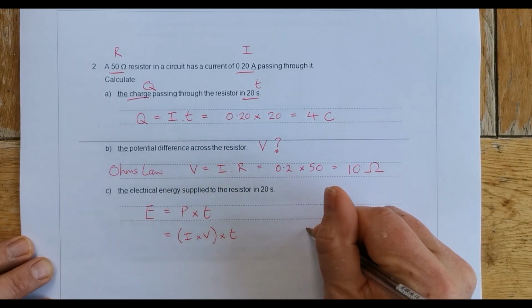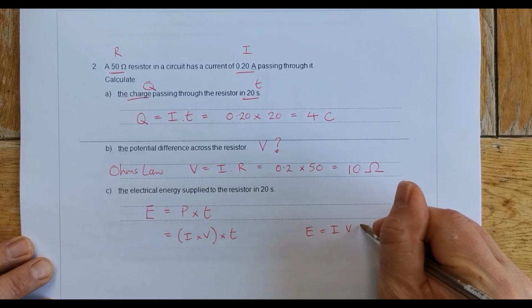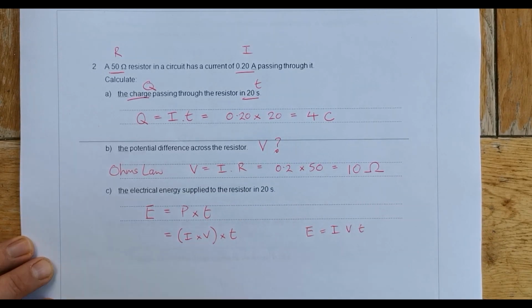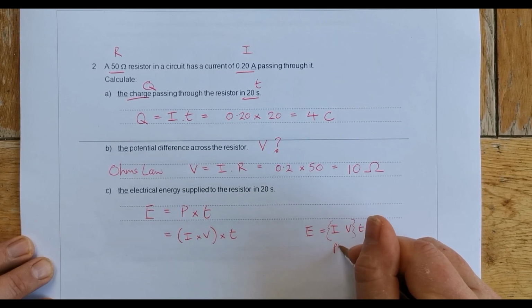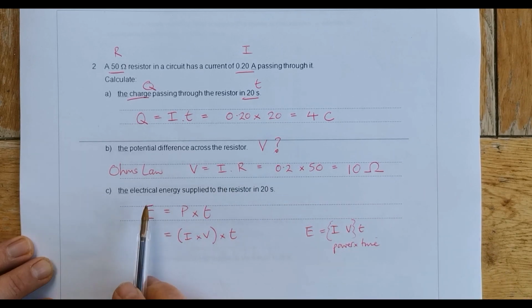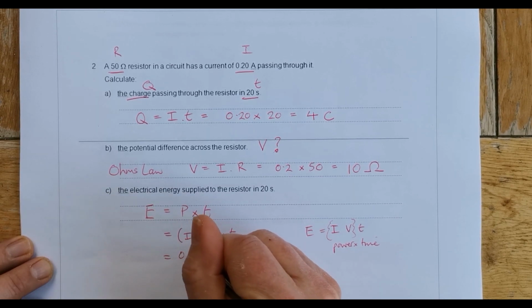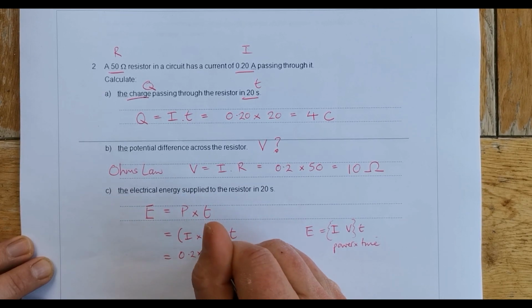Sometimes in other syllabuses they actually ask you to learn this. I V T. Energy is I V T, and that's really just saying energy is electrical power times time. Let's put the numbers in. 0.2 times 10.